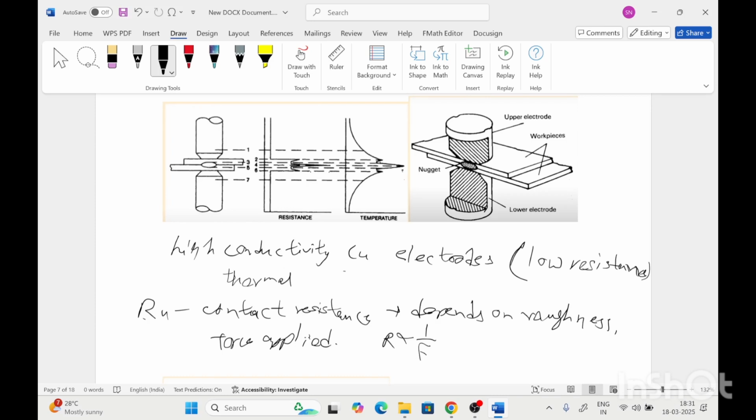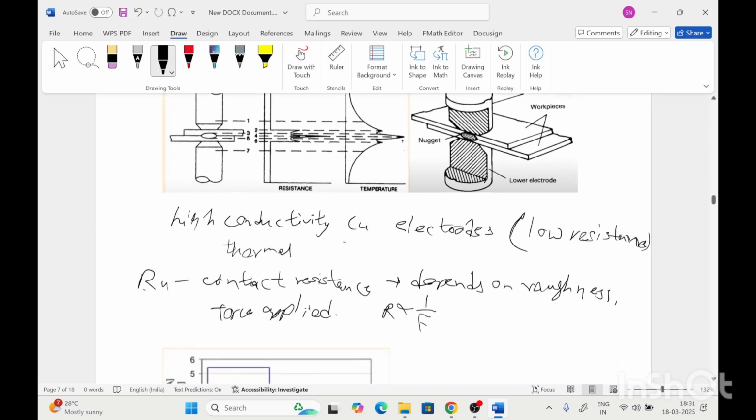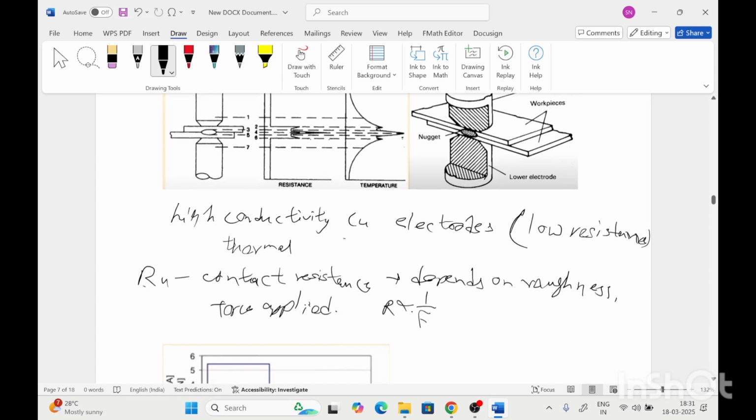And here the welding joint is created. The size of the welding joint also depends on the welding current, resistance, thickness.